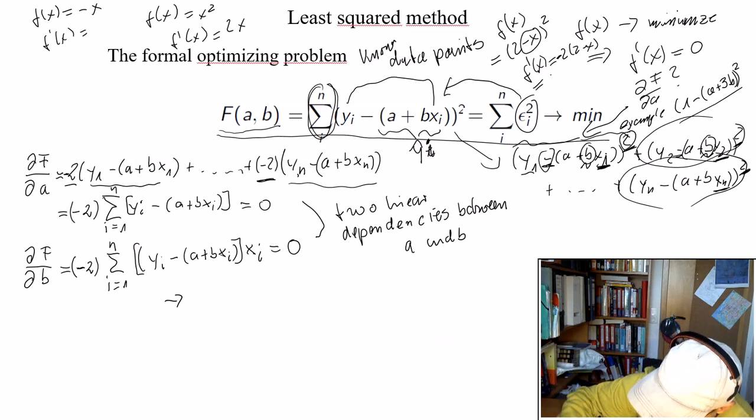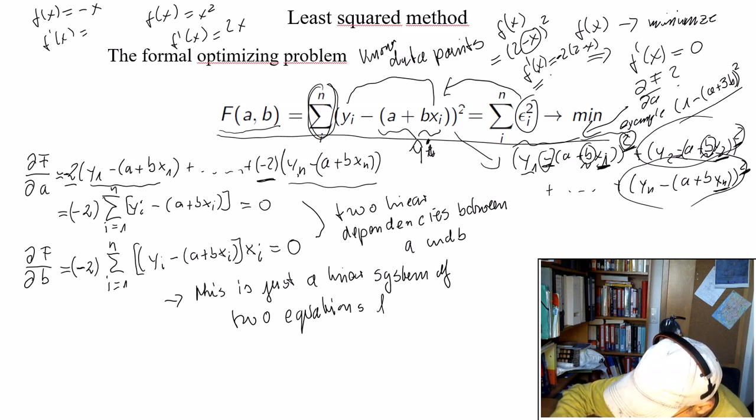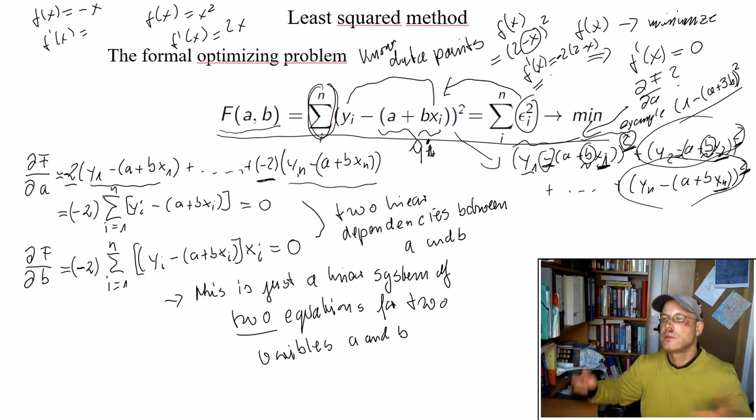So this is just a linear system of two equations for two variables a and b. And this, of course, then we can directly solve.